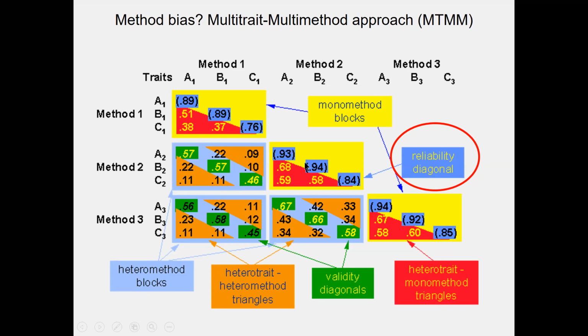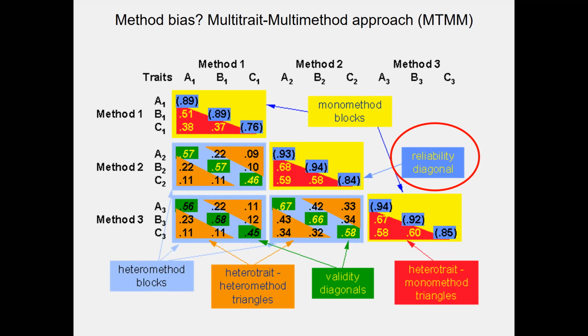Let's say it's test-retest. You talk to the spouse once, get the spousal report on mood disorder symptoms once, and get the spousal report on mood disorder symptoms twice. And that's the correlation between the 2 occasions, test-retest. Okay, so that's our reliability diagonal.